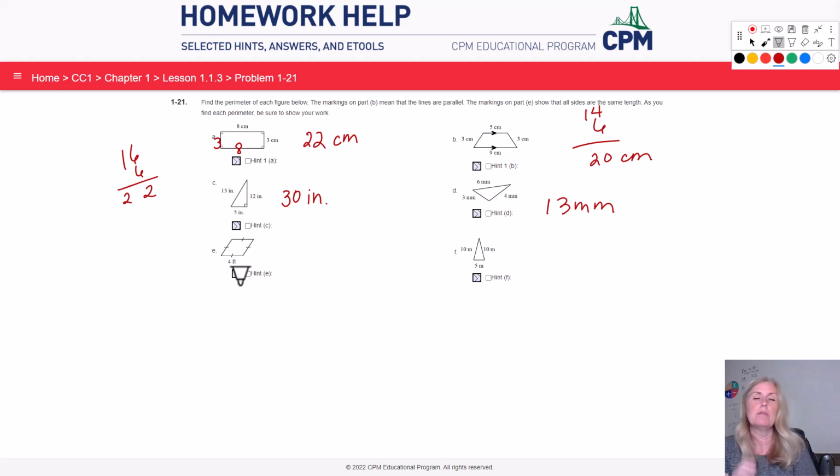Okay, so E, remember they made a point to tell you that those markings mean all 4 sides are the exact same length, and you really needed to know that because only one side was labeled. Well, if the bottom is 4, you automatically know all 4 sides are 4 feet. So 4 times 4 would be 16 feet. Okay, F, 2 sides are the same, so 10 and 10 are 20, plus the 5 is 25 meters. Okay.